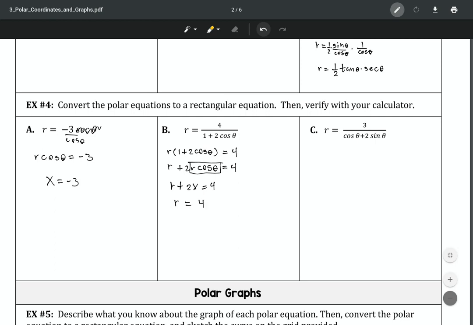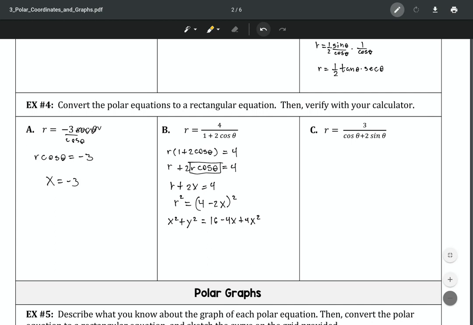So I have 4 minus 2x. Now I'm going to do something that seems kind of weird first, but remember my whole goal is to get rid of r, and I know from my formula that r squared is equal to x squared plus y squared. So I'm going to square this side, and as long as I square both sides, then I'm good. So r squared is equal to x squared plus y squared. And this is equal to 16 minus 4x plus 4x squared.